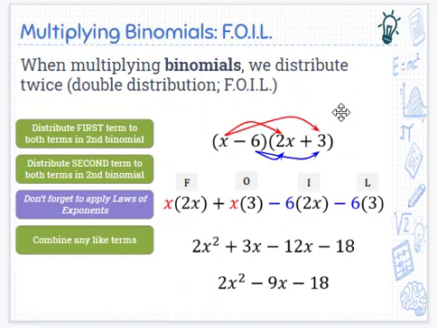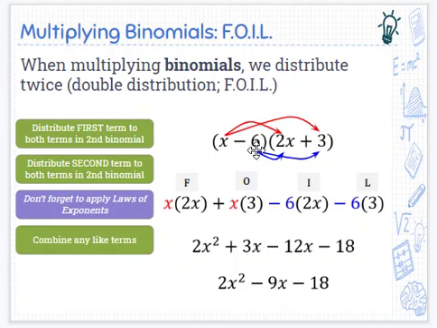Now, when we multiply two binomials, we've done this before. We use one way is the double distribution method, or FOIL. And notice with FOIL, basically you're taking your first term in the first set of parentheses, your x, and you multiply by 2x. And then take the x again, multiply by positive 3, just like what we did here and here.